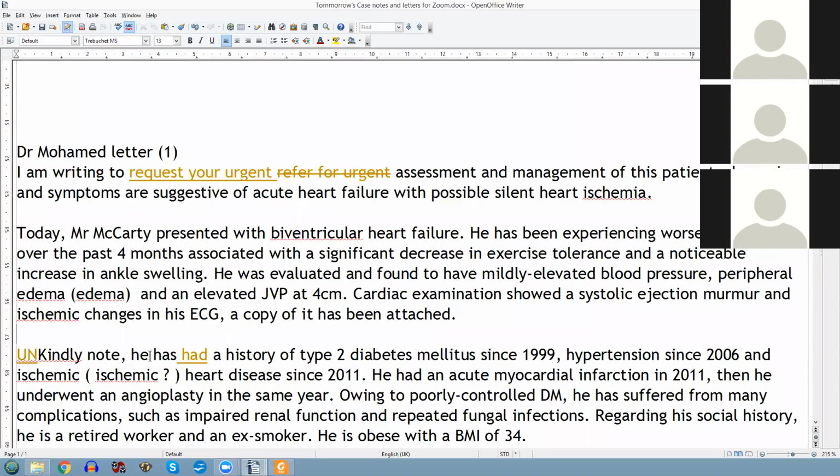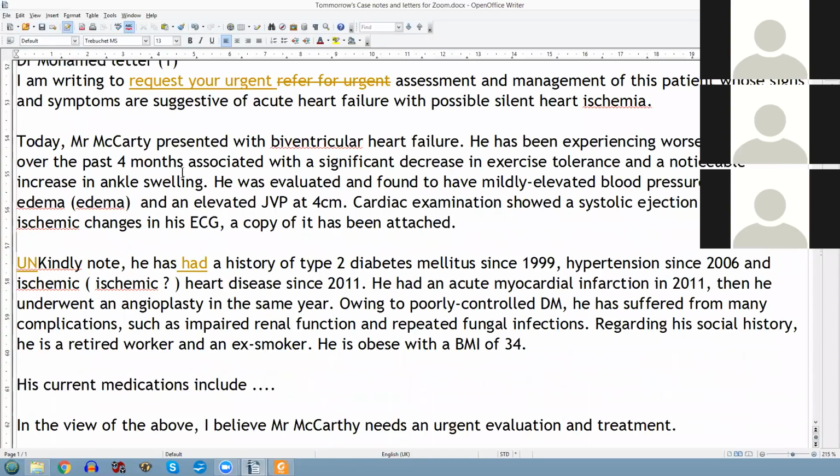But that aside, all I would do, I would make it clear from the introductory sentence, right? Who you are writing to and what you are requesting them to do. I'm writing to request your urgent, or I'm writing to you to ask for your blah, blah, blah. And kindly note, we don't really need that as an adverb. He has had, make it present perfect because since 1999, blah, blah, blah, okay?